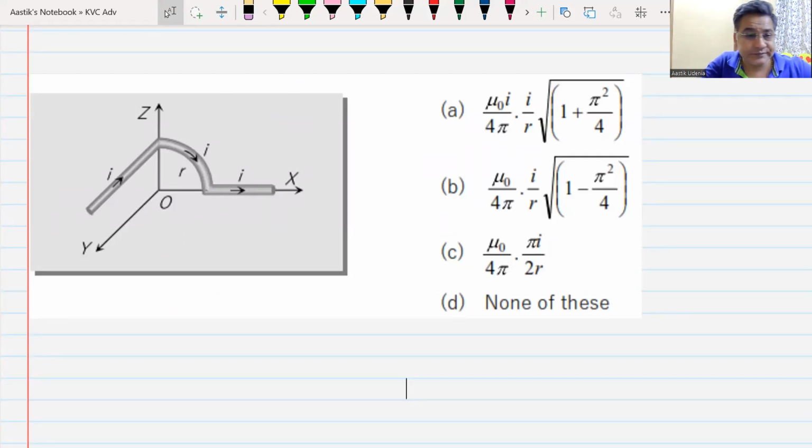This is the next one. The wires are going in different planes. The magnetic field due to this wire, where will it go? Sir, it is along positive y-axis.